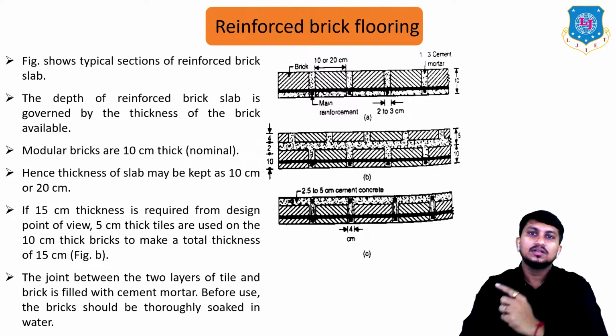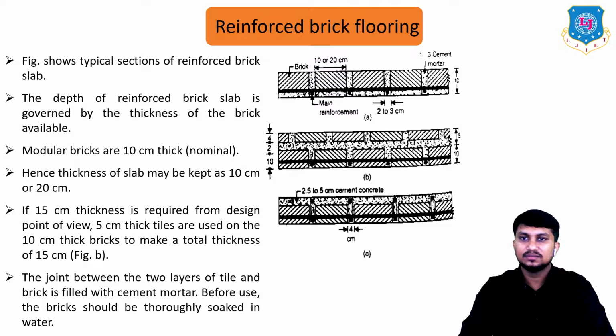This is how reinforced brick flooring looks. This is a typical section of a reinforced brick slab. The depth of a reinforced brick slab is governed by the thickness of the brick available. Modular bricks are 10 cm thick, hence the thickness of the slab may be kept as 10 cm or 20 cm.